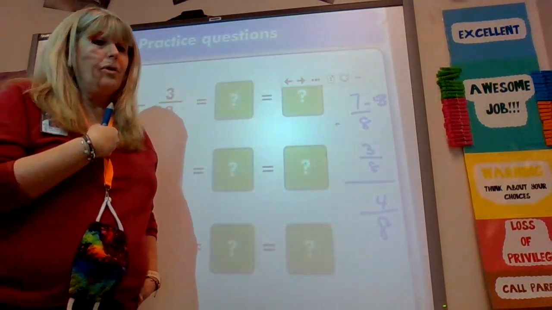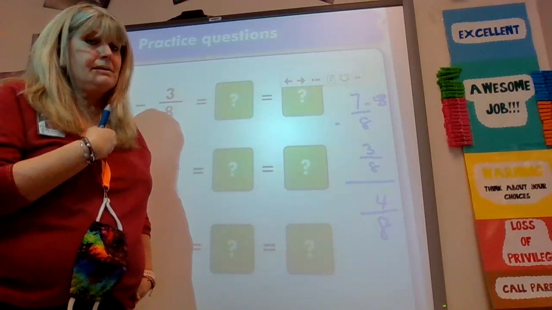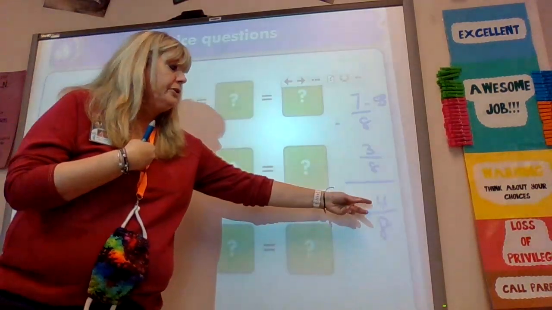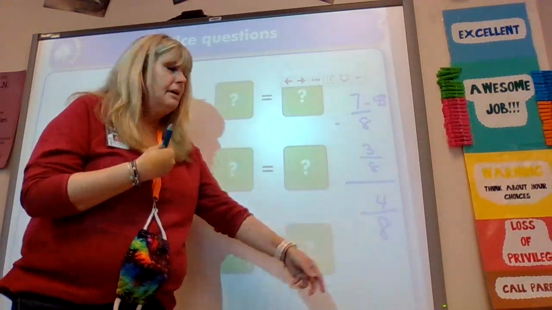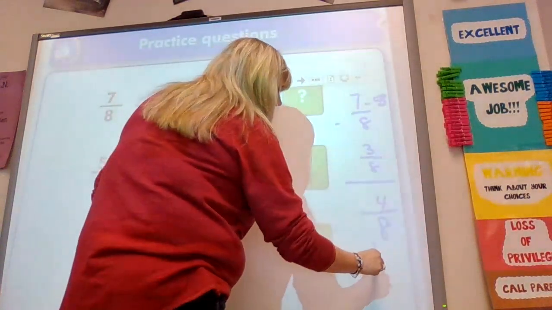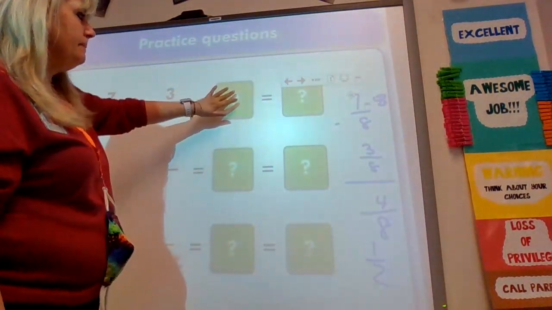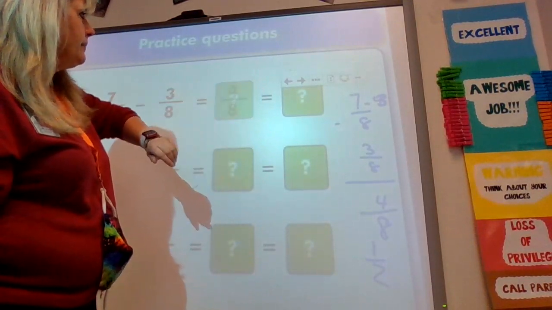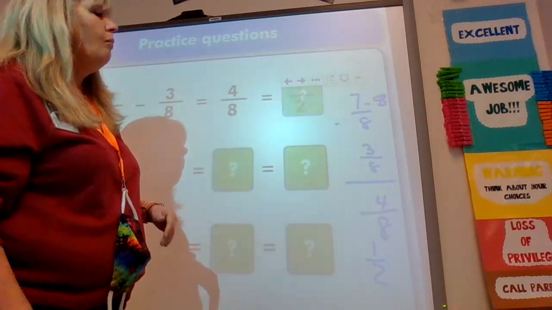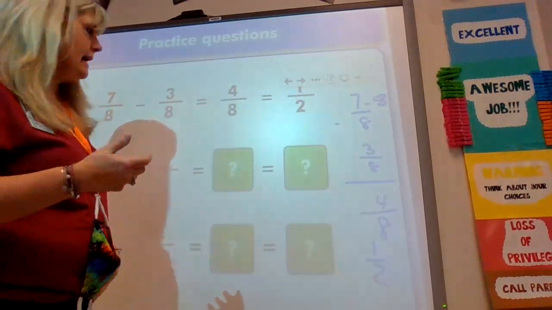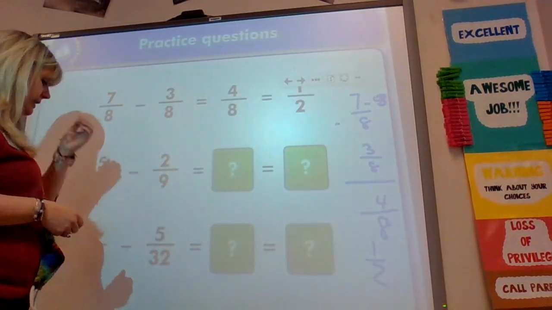I know that when the numerator is half of the denominator, 4/8 is the same as 1/2. So this answer right here should be 4/8, and that should be 1/2, because remember we're taking it down to simplest form. Let's look at the next one.